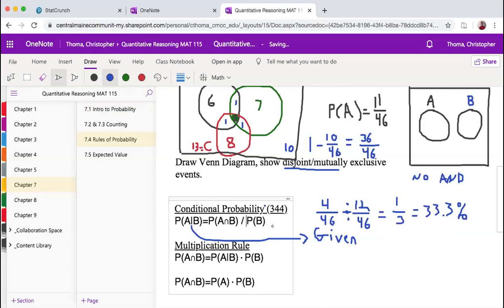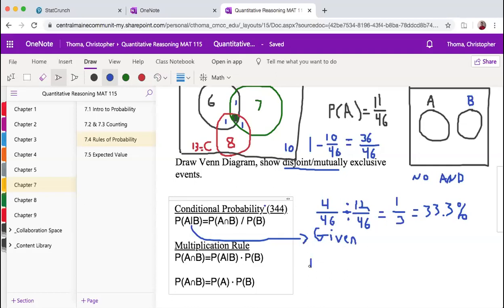And I should have caught this because the trick to the formula is the numerator is always the and. The denominator is whatever you're given. So if I want to do the probability of B given A, it's still probability of A and B, but then I divide by the probability of A. So that's how the formula works: whatever is given becomes your denominator.